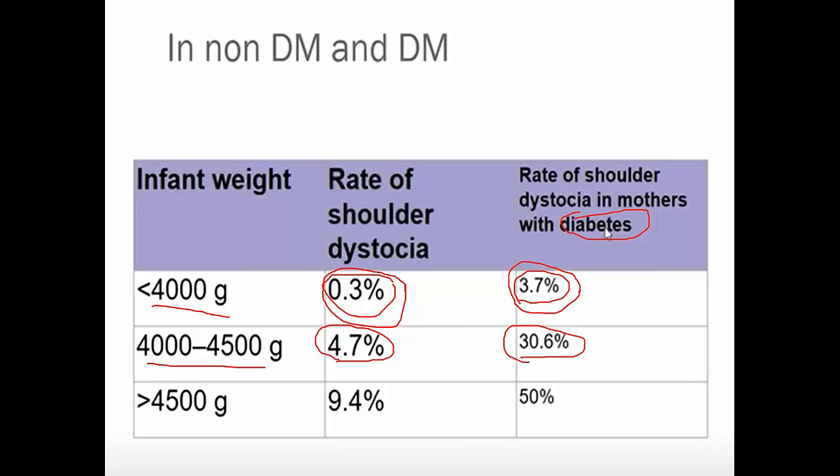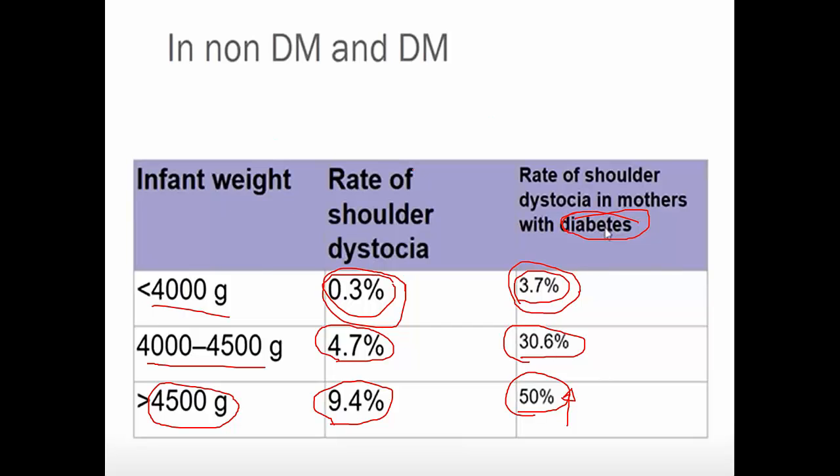So it's very high in diabetic women. And with macrosomia, infant weight more than 4.5 kilogram, it is about 9.4% in non-diabetic women, and the rate in diabetic is about 50%. So it is very high in case of macrosomia with a diabetic mother.